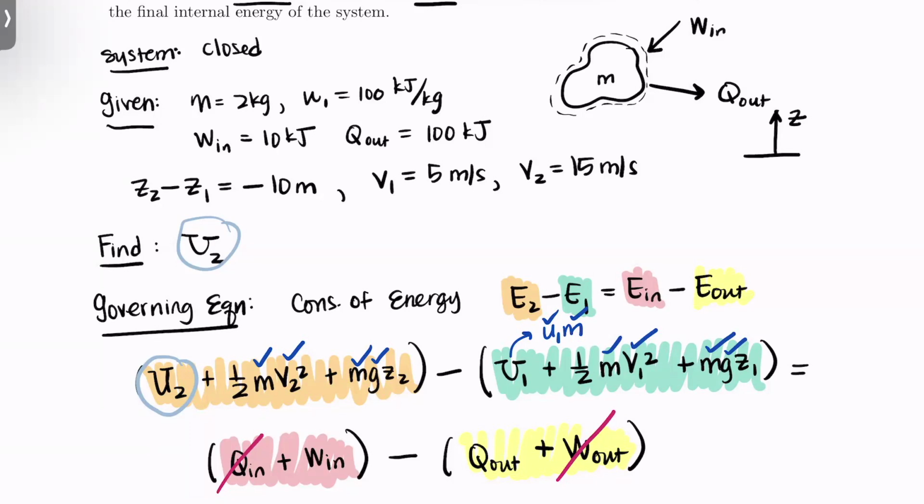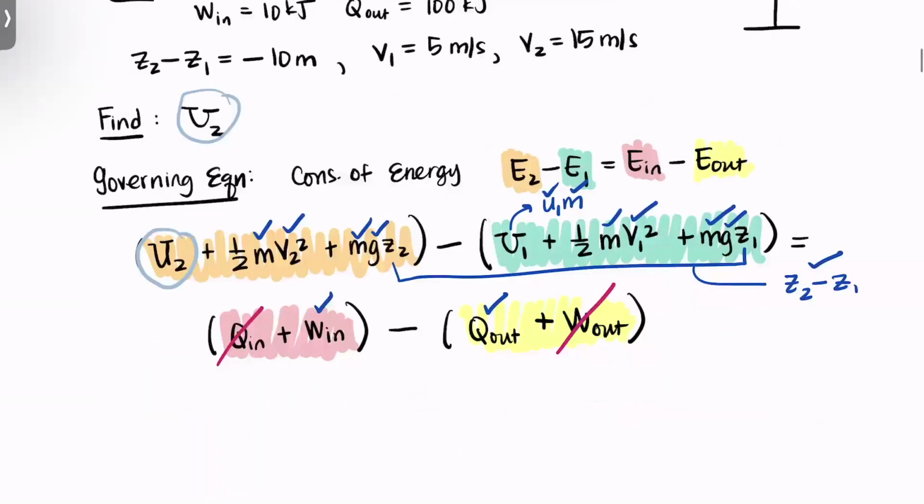And then we kind of have these two because we're given z2 minus z1. So we're going to have to do a little bit of work to get that into a form that we can use, but we're given it in some form, okay? And we also know the value of W in and Q out. All right, so we have everything that we need, and we just need to algebraically manipulate this to get our z2 minus z1, and then isolate U2 on the left-hand side.